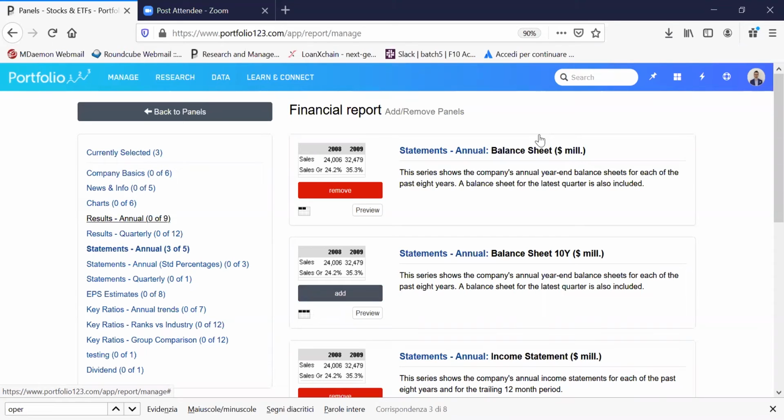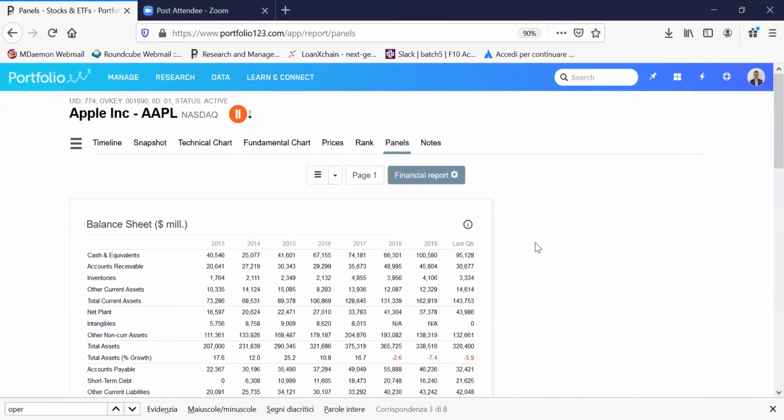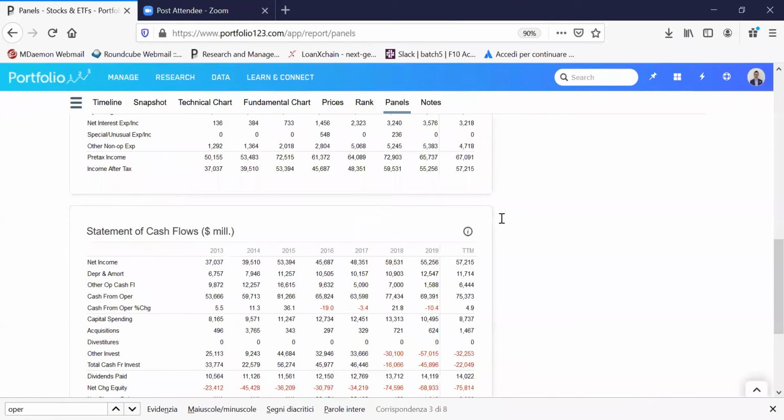So here we have balance sheet, income statement, cash flow statement, and we are going to start from the cash flow statement here, because buybacks and dividends are paid in cash.